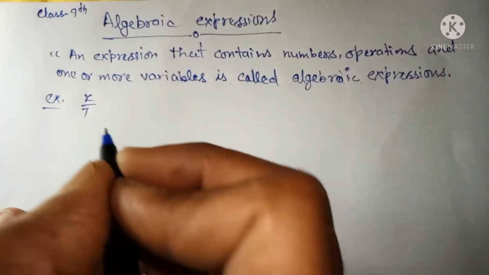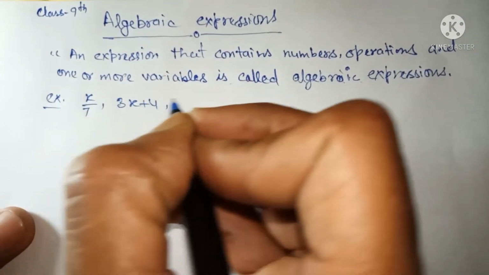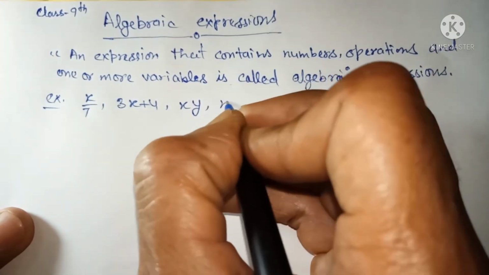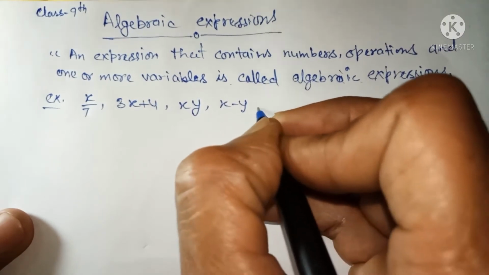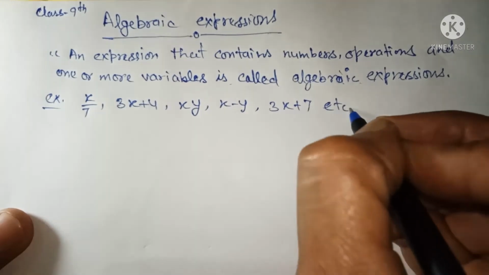For example, x upon 7, 3x plus 4, x into y, x minus y, 3x plus 7, etc.